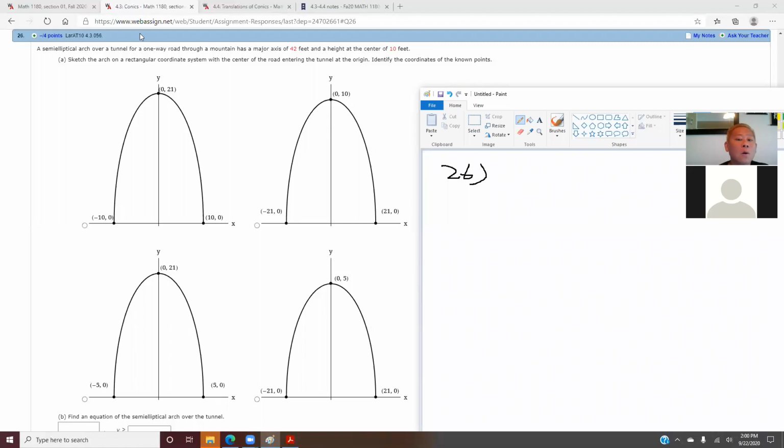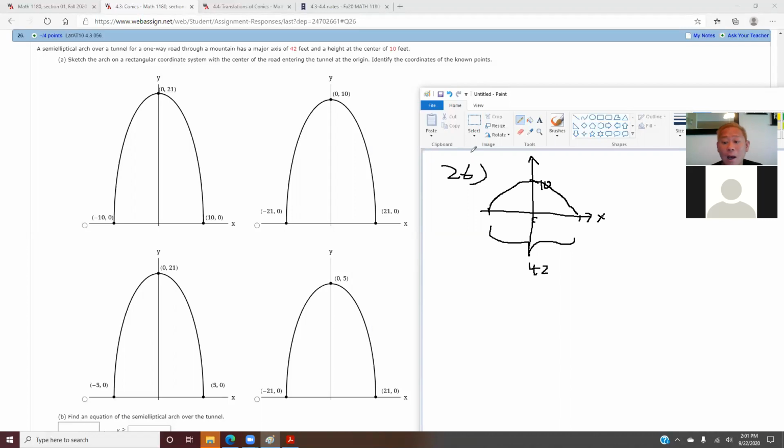So the major axis is 42, which means from here to here, the distance is 42. And the height to the center here is 10. So that means this is your ellipse here.